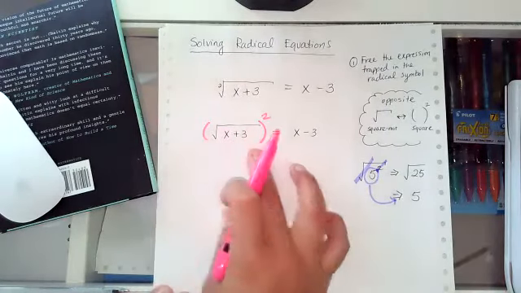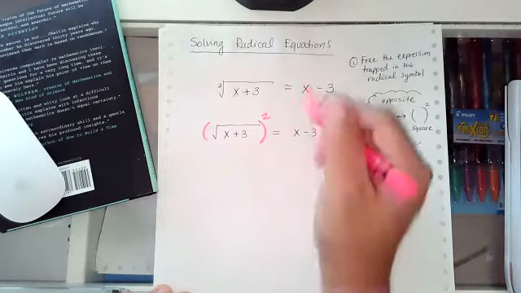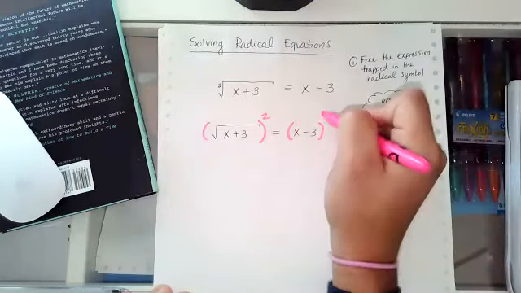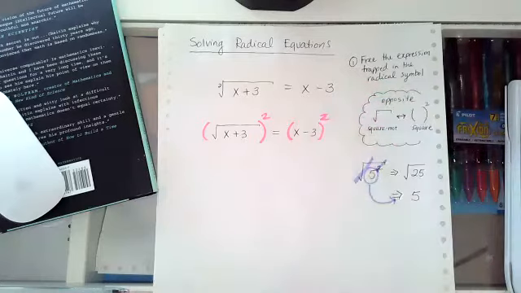Anything we do to one side of the equation, though, we have to then do to the other side of the equation. So I'm going to wrap this side of the equation in the second power. And so now it's balanced in some sense. I've done the same operation to both sides of the equation.